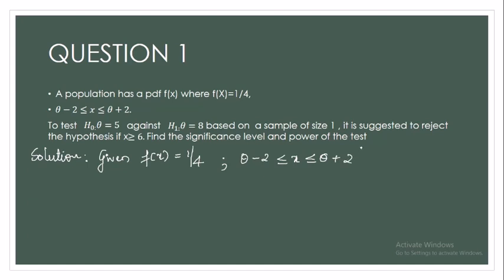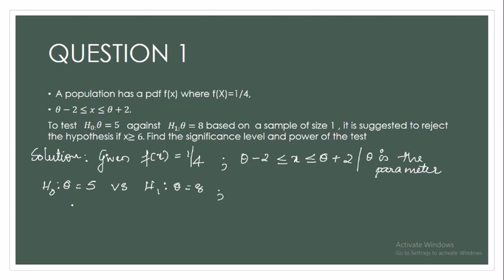Now here theta is the parameter. Okay, fine. What else is given? We are given a null hypothesis, that is H0, theta is equal to 5, against the alternative hypothesis H1, theta is equal to 8.